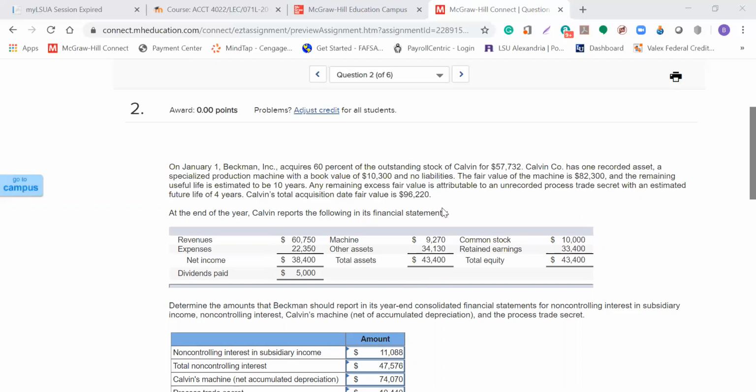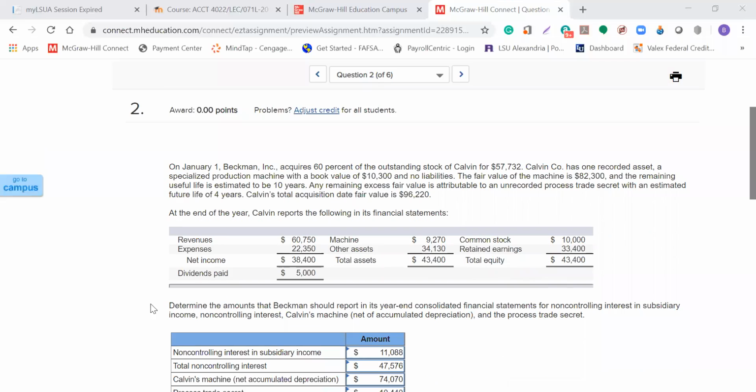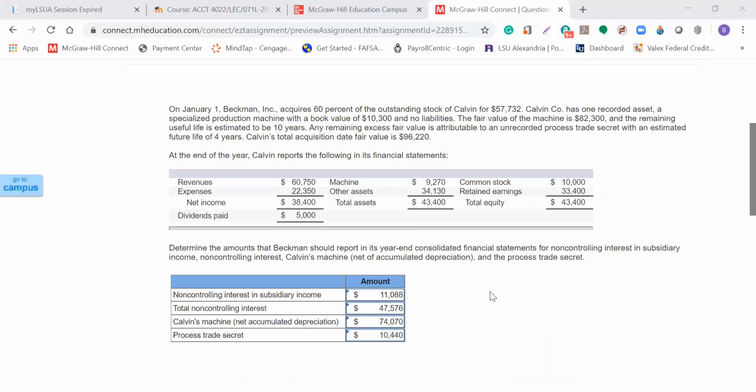At the end of the year, they reported the following on their financial statements, and it gives us revenues, expenses, income, dividends paid, the machine, other assets, our total assets, our common stock, retained earnings, and total equity. We need to determine the amount that Beckman should report in the year-end consolidated statements for controlling interest of a subsidiary's income, non-controlling interest, and Calvin's machine's net accumulated depreciation, and the process trade secret.